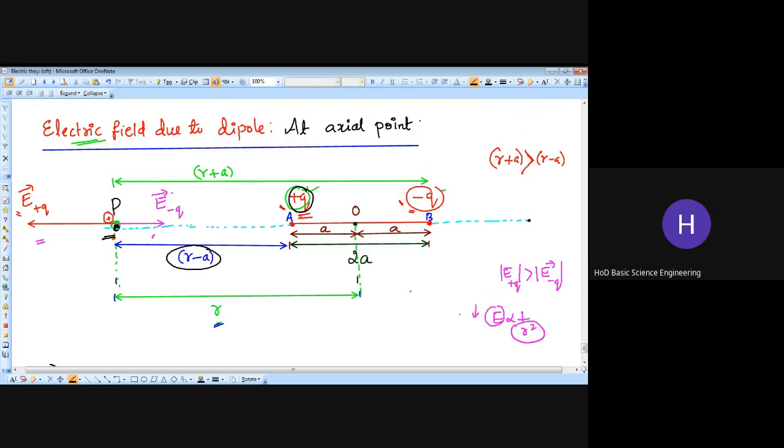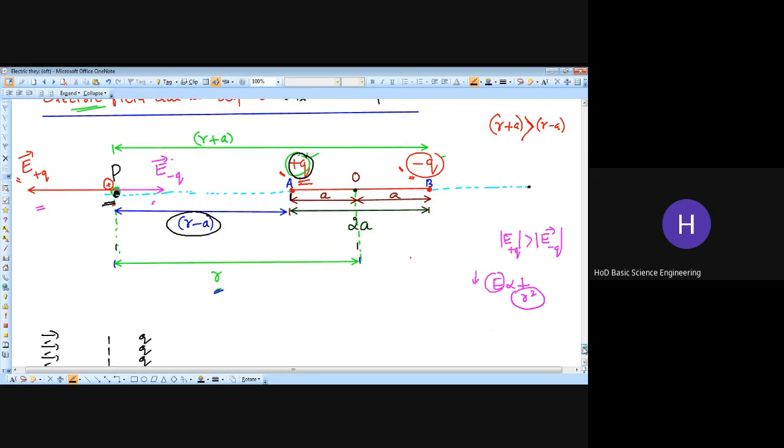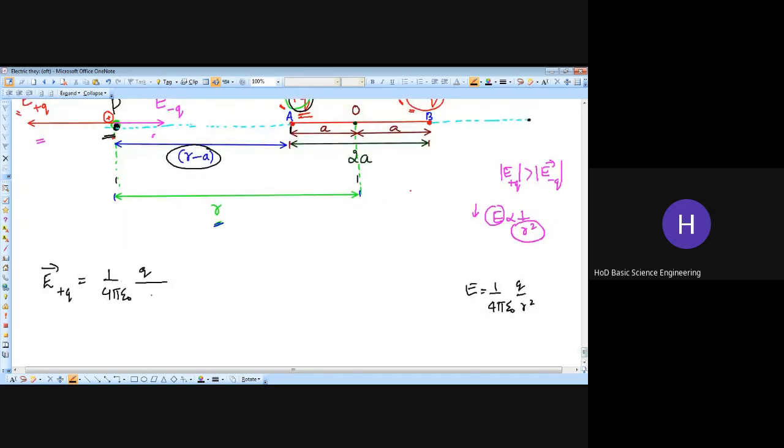That is R minus A, right? Distance of point P from this particular charge is R minus A. So that distance squared means R minus A square you have to consider. Okay, therefore this will be R minus A square.